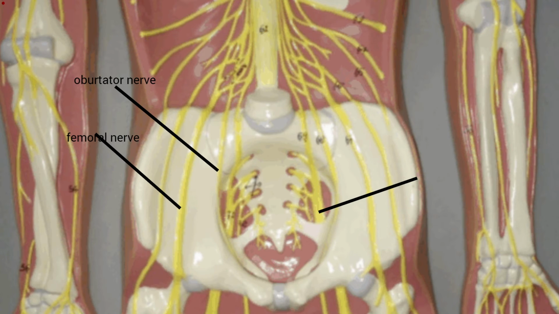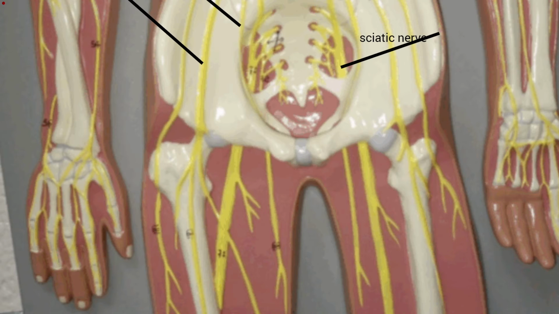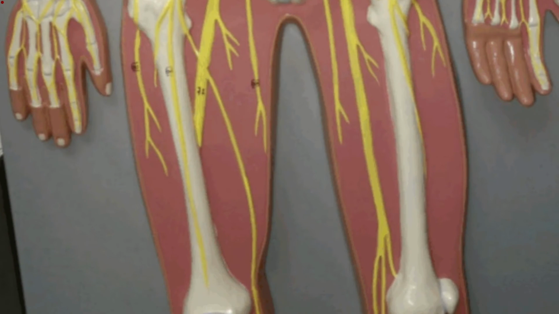Then off of the sacral plexus, one of the main nerves here is the sciatic nerve. Okay. Let's see if I can see anything else on here. Okay, so this is the saphenous nerve.